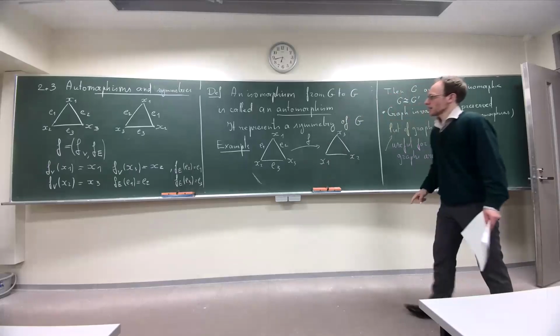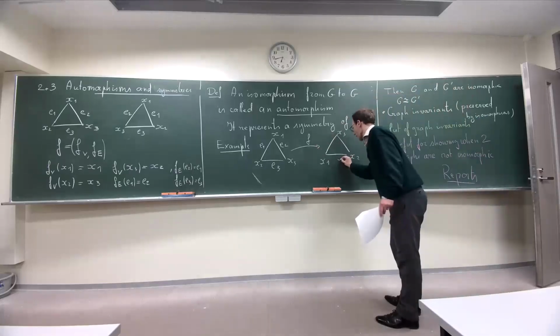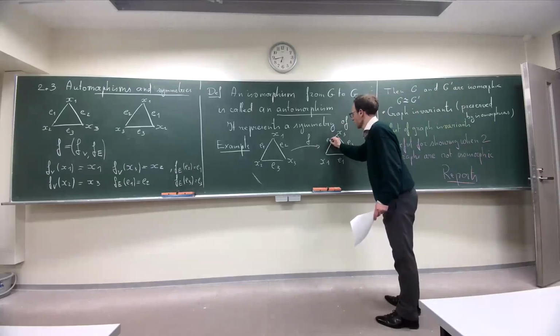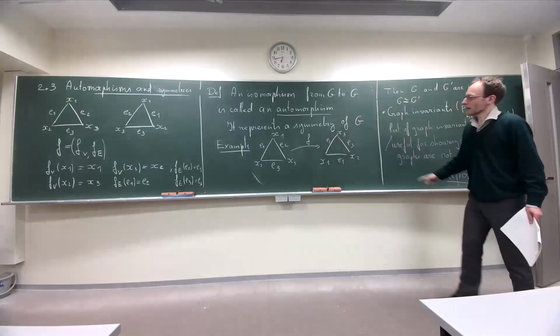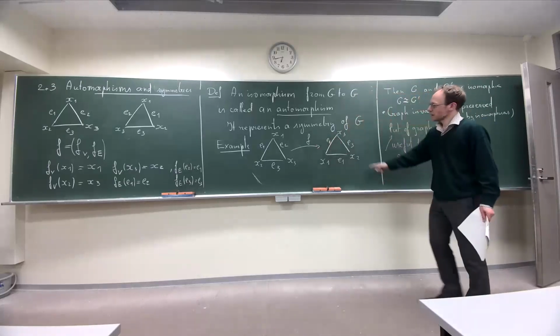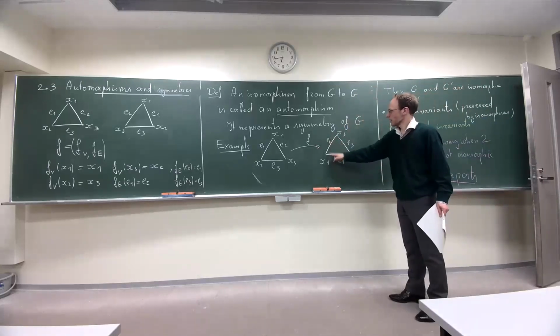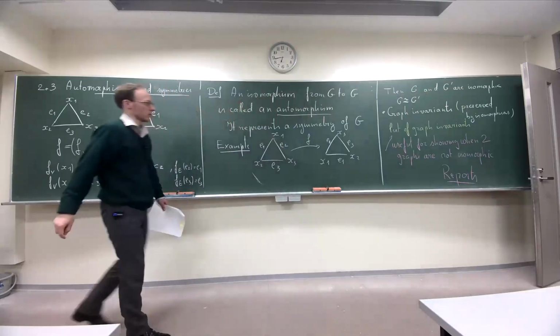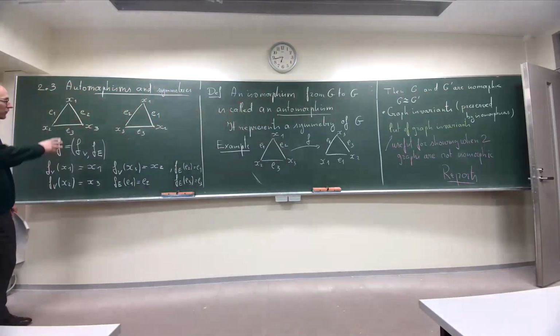This is clear. I just have to be careful for edges. Now I have e1 here, e3, and e2. And you can check that I have respected the compatibility condition. e2 is between x1 and x3. So we have, in this case, two different automorphisms.